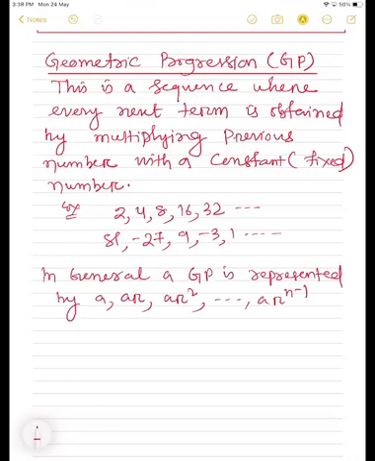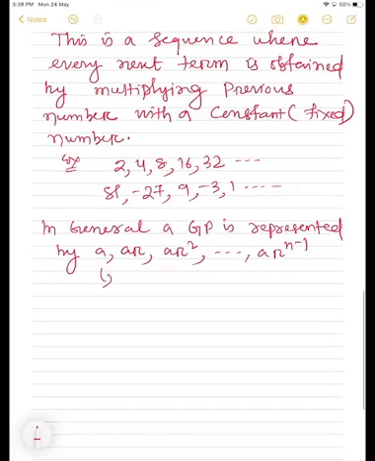Where a is called the first term, yes or no? And r is called the common ratio.